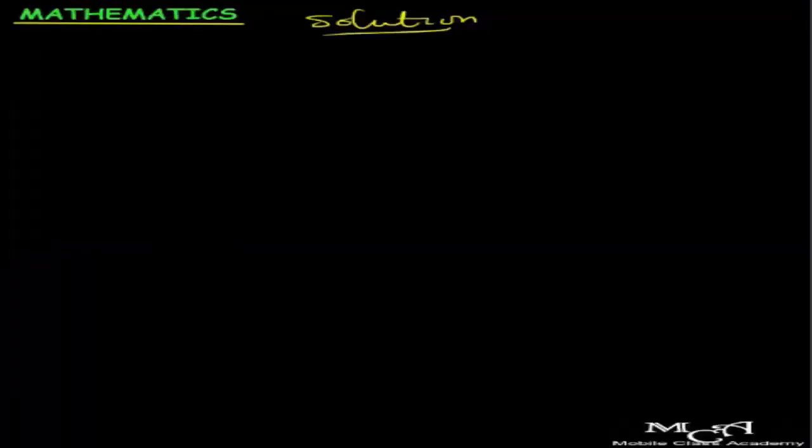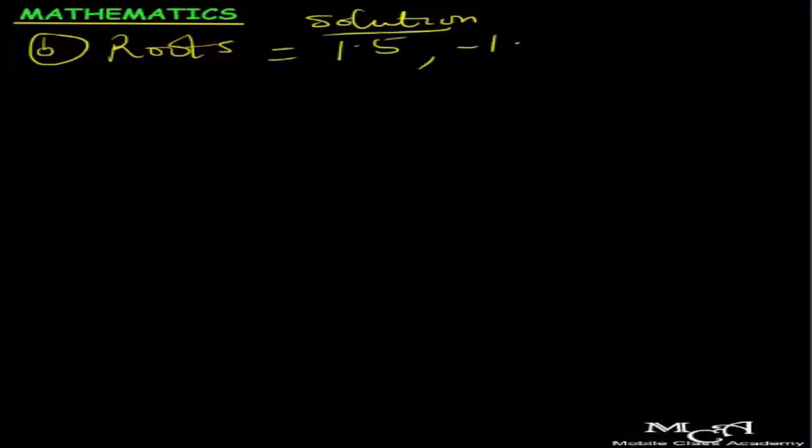Solution for question B. Okay, now the roots are 1.5 and -1.2. So now let us first of all remember our formula on the board. Let's just go directly to get the sum of the roots.